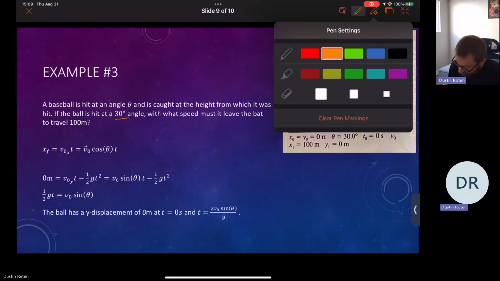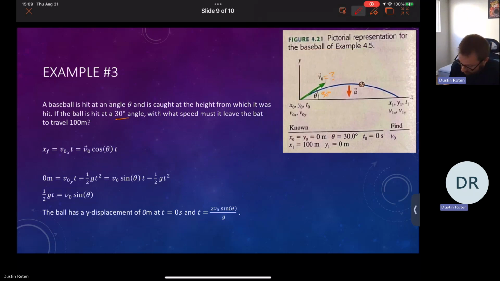I'm going to change these to red. Yeah, so we have 30 degrees here. Now, what is the magnitude of this velocity that will let us get 100 meters away? So 100 meters in the horizontal.